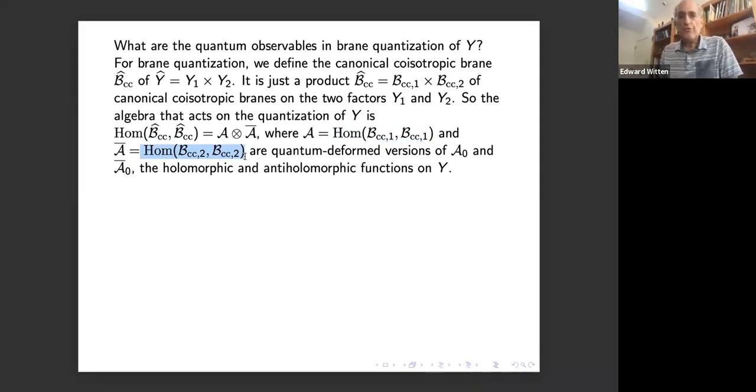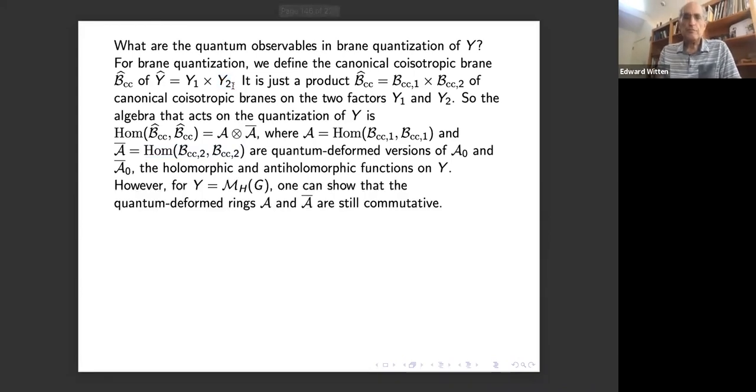They're quantum deformed versions of A0 and A0 bar, the holomorphic and anti-holomorphic functions on Y. The reason anti-holomorphic functions came in is that on Y2, we took the opposite complex structure. So a holomorphic function on Y2 is an anti-holomorphic function in the original complex structure on Y.